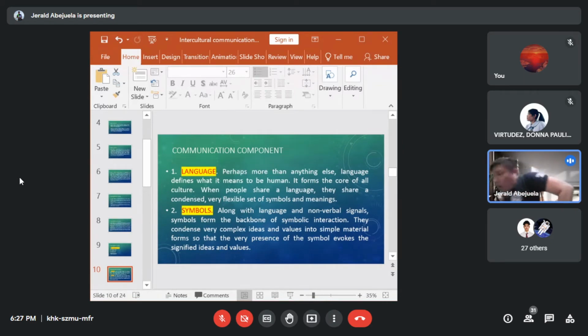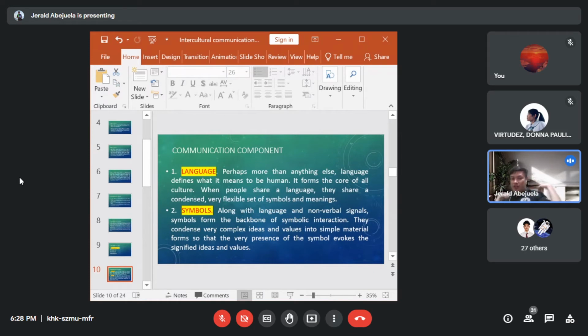Kasi kung nakikipag-inuman ka sa kanto at nag-English ka pa doon at gumamit ka ng formal na wika, baka basagin yung bote ng alak sa harap mo. Right? Pero kapag nakipag-inuman ka sa kanto at ginagamit mo yung salita na pangkanto o yung salitang akma doon sa sitwasyon or salitang akma doon sa lugar, then definitely communication will become successful.